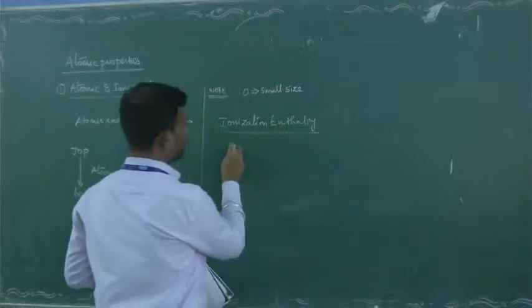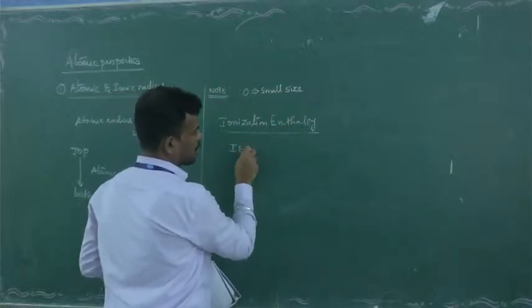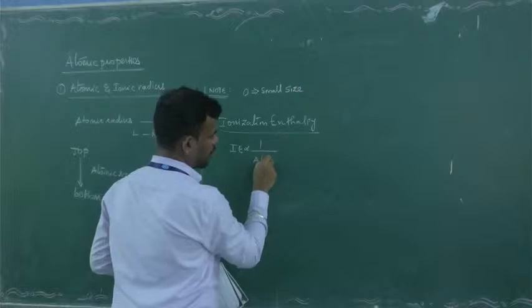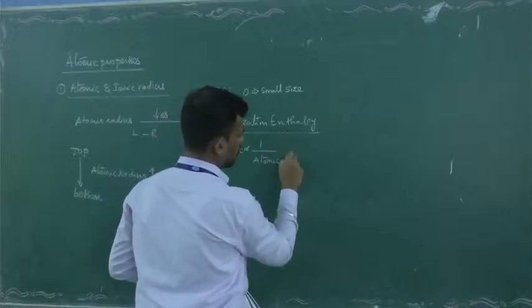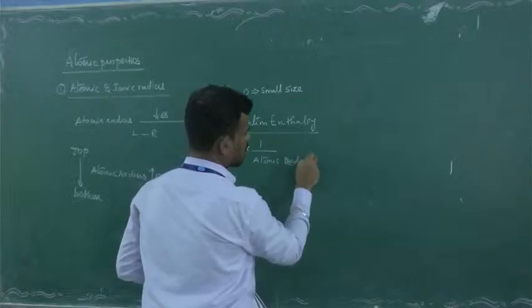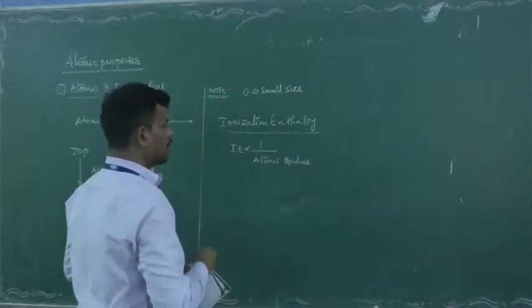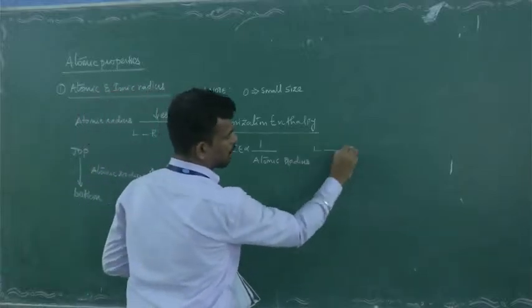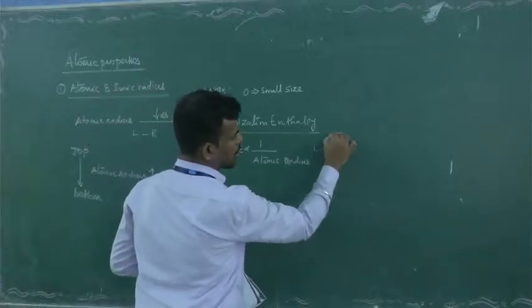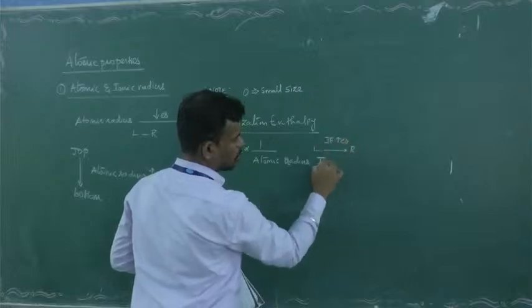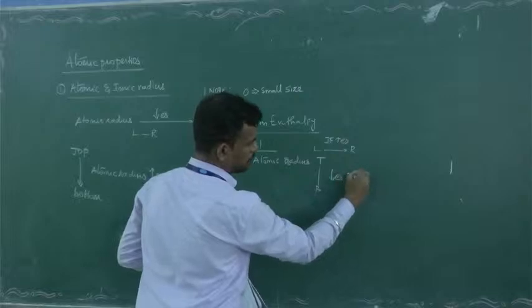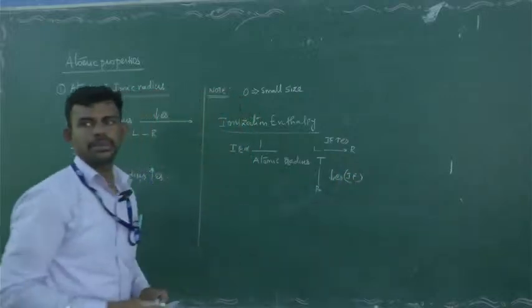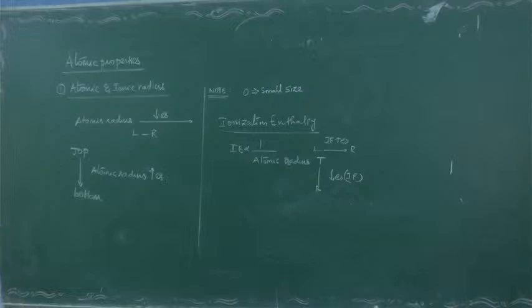Already we have discussed that ionization energy is inversely proportional to atomic radius or atomic size. Going left to right, ionization energy increases. Going top to bottom, ionization energy decreases. This is the general trend.